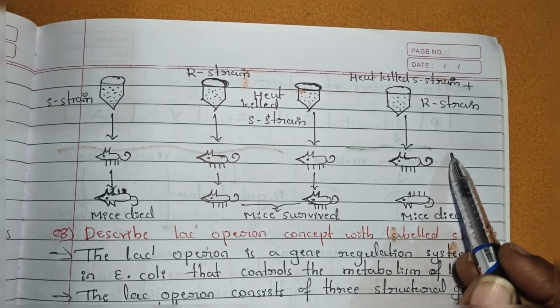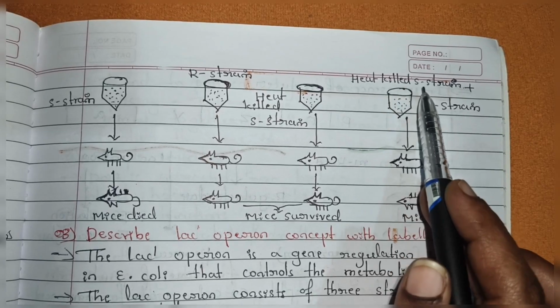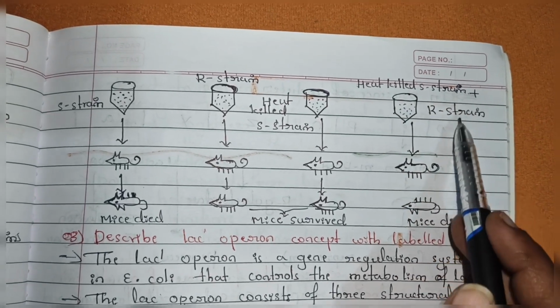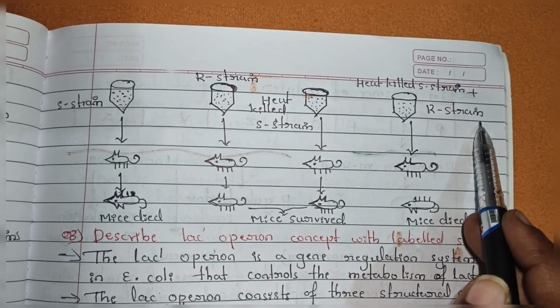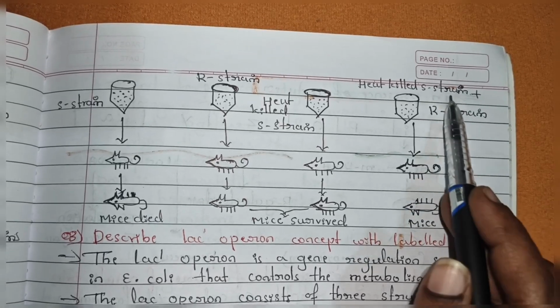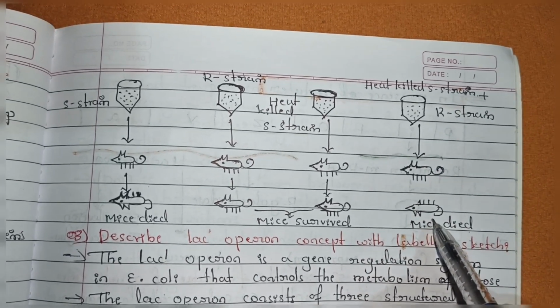By this experiment he concluded that when heat-killed S strain is mixed with the R strain, transformation of genetic material takes place, so that is why the mouse died.